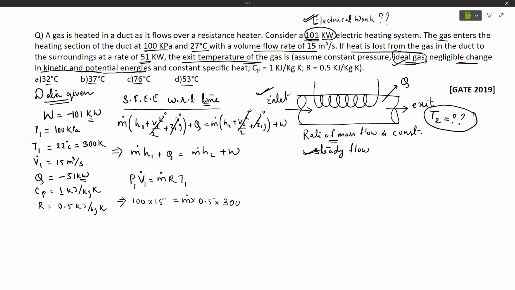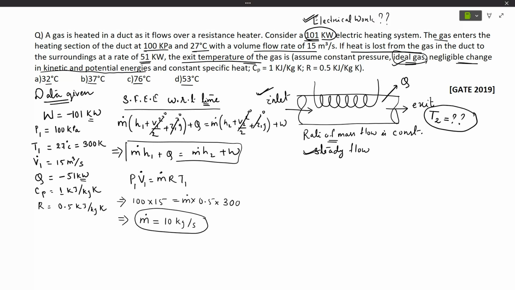After solving this, we get m dot equal to 10 kg per second. So this is the magnitude of m dot which we are going to use in the steady flow energy equation.